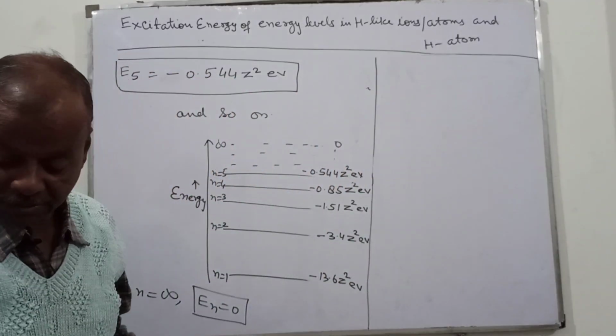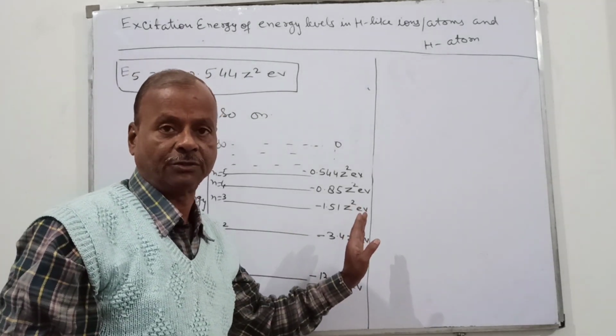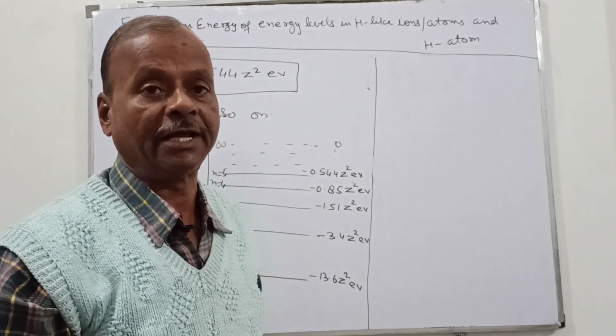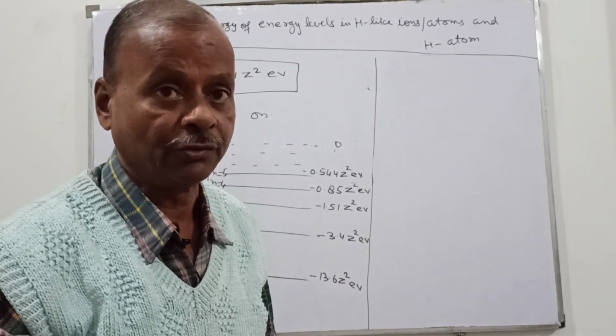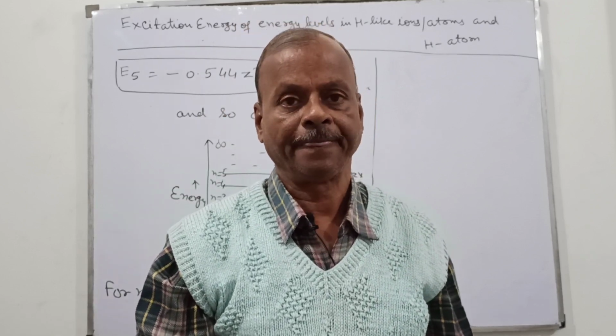So this we have discussed for the hydrogen-like atoms or ions, and you should remember that hydrogen-like ions or atoms are those which have one electron in their outermost orbit.